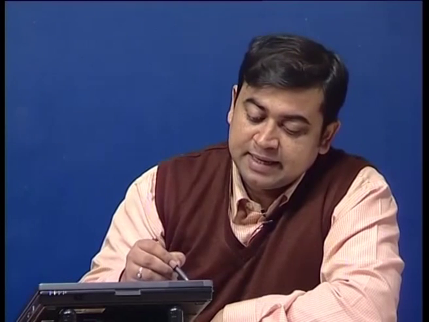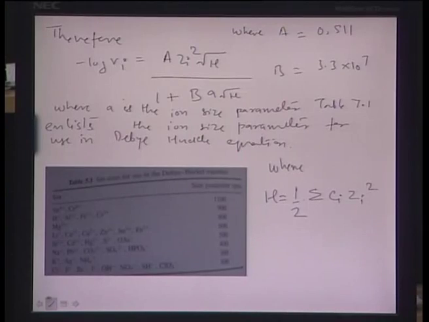So, from the equation we tried to get an expression in terms of gamma I as the following.